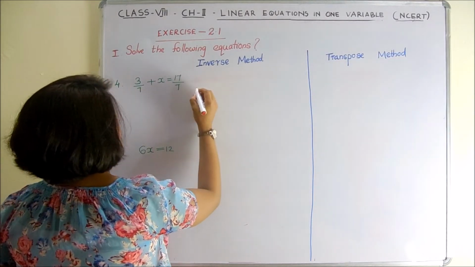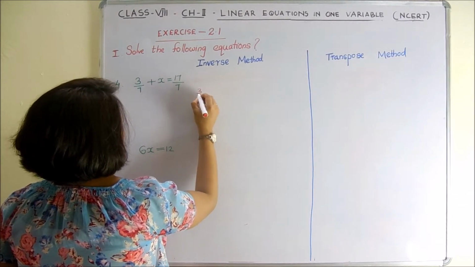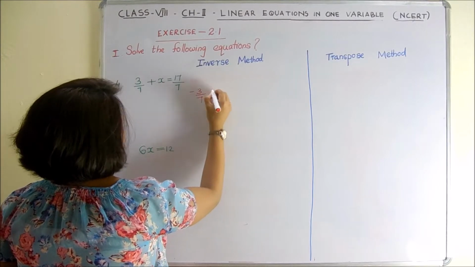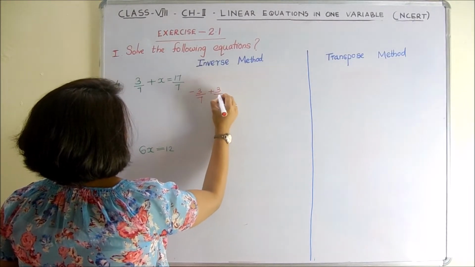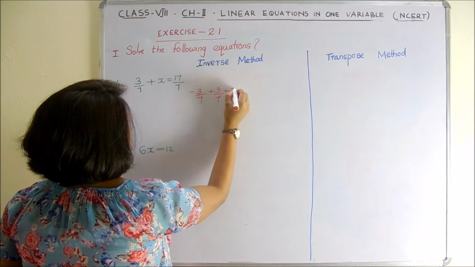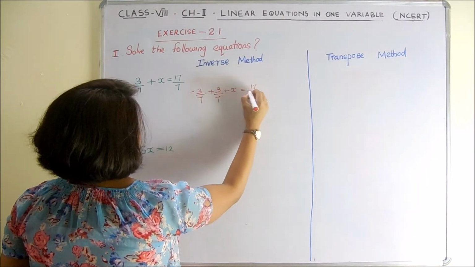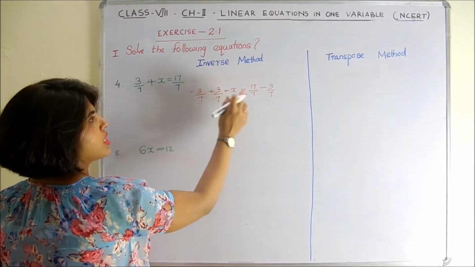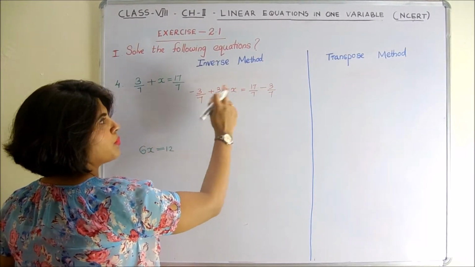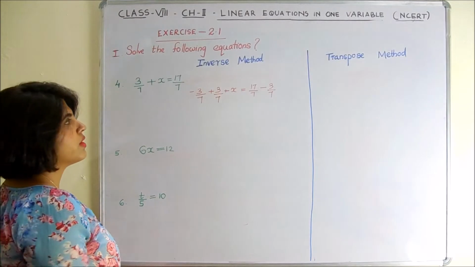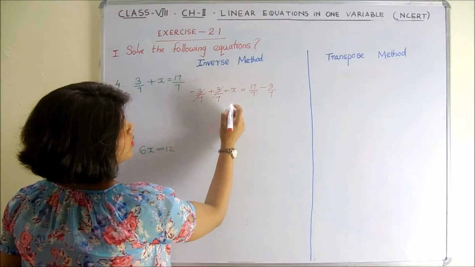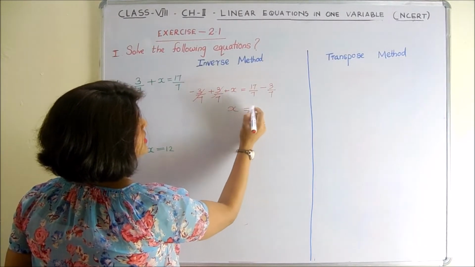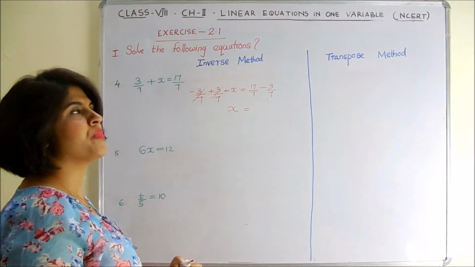So the equation becomes minus 3 by 7 plus 3 by 7 plus x, which is equal to 17 by 7 minus 3 by 7. From both sides we have subtracted 3 by 7. 3 by 7 will get cancelled, then what will be left? x. And on the right side what will happen?